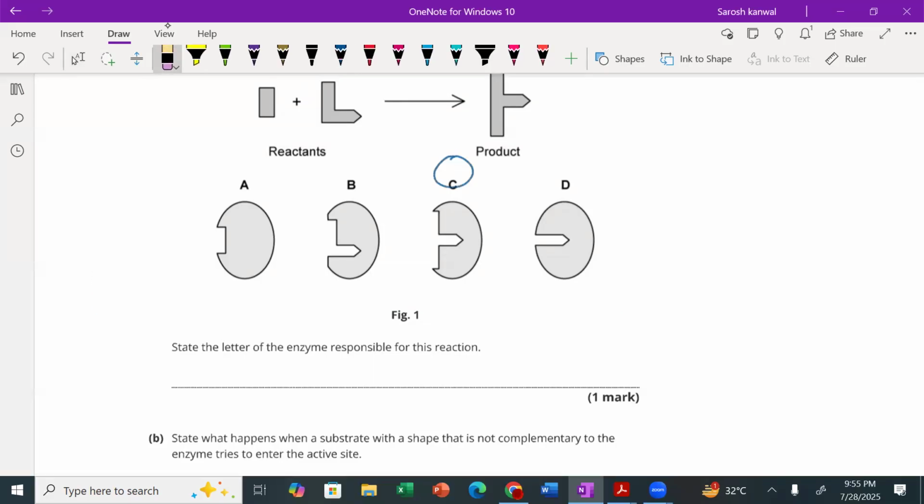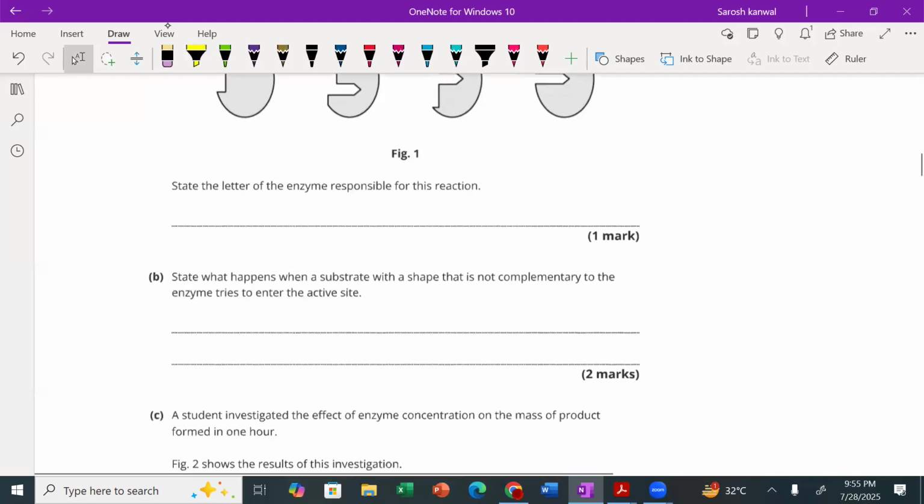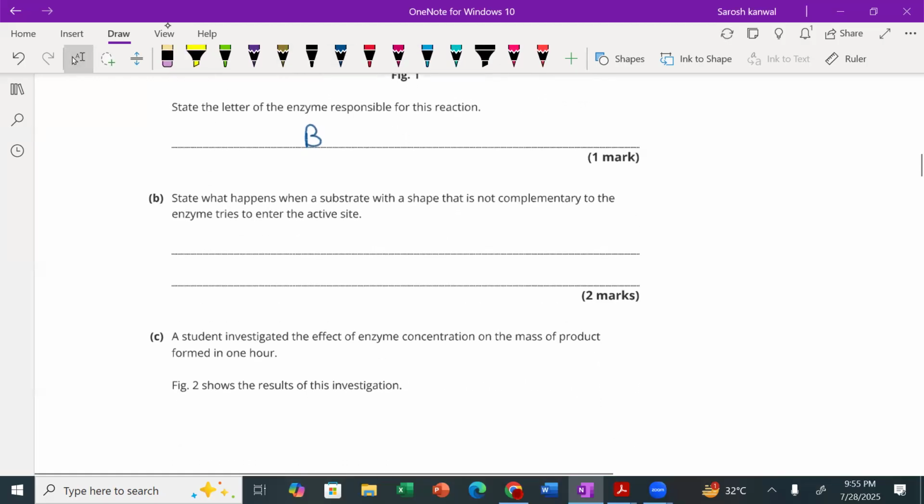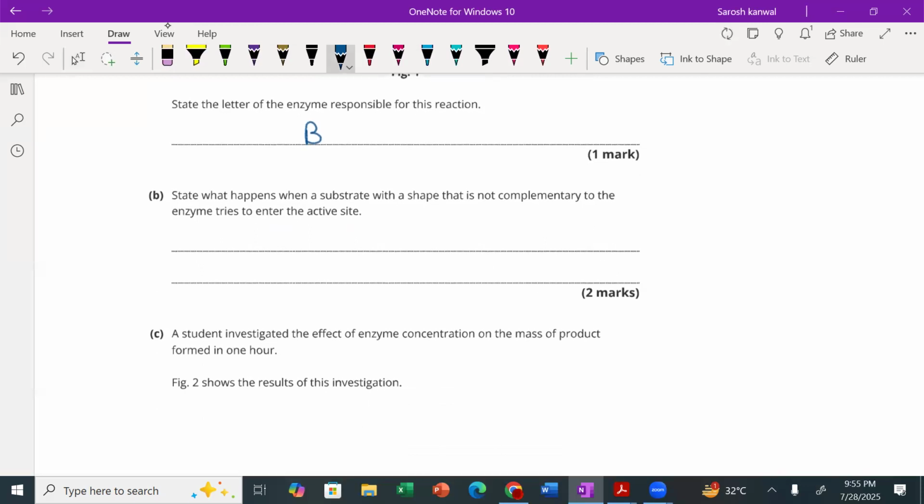Yes, Laiba, this question is for you. What happens when a substrate with a shape that is not complementary to the enzyme tries to enter the active site? This question is for 2 marks, so you have to give two good reasons.